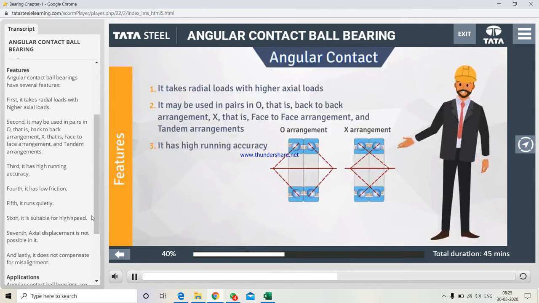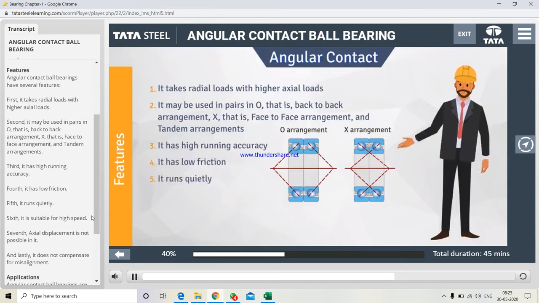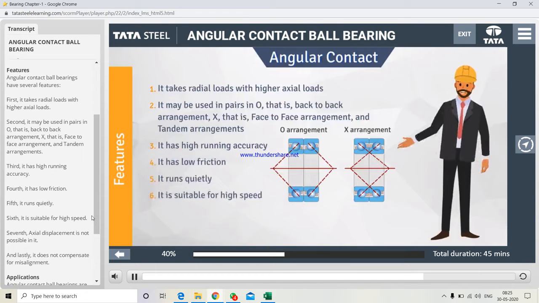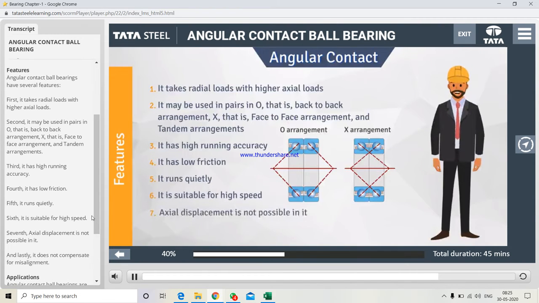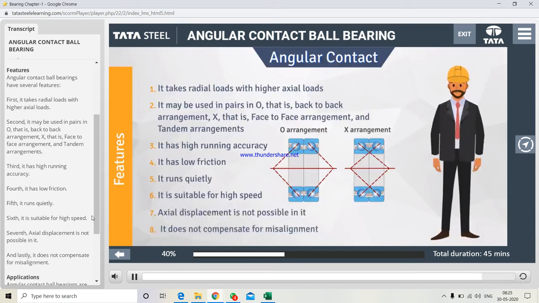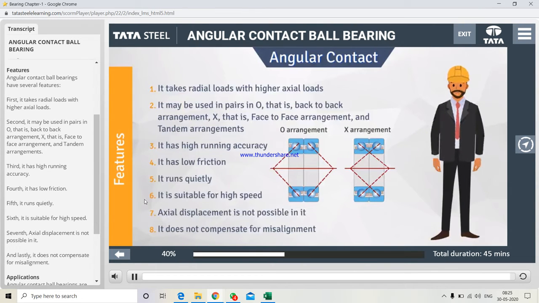Third, it has high running accuracy. Fourth, it has low friction. Fifth, it runs quietly. Sixth, it is suitable for high speed. Seventh, axial displacement is not possible in it. And lastly, it does not compensate for misalignment.